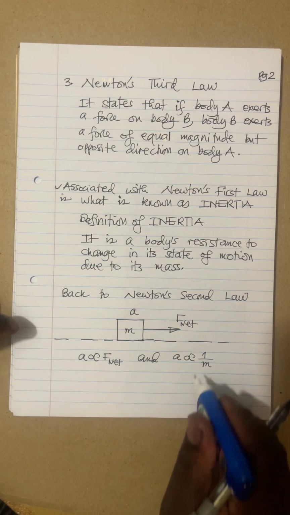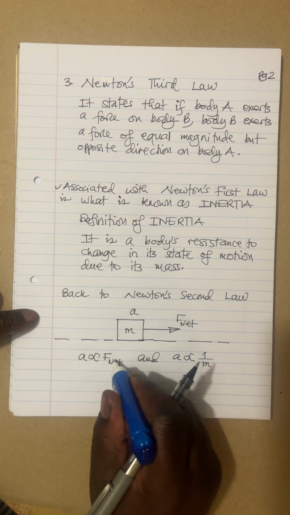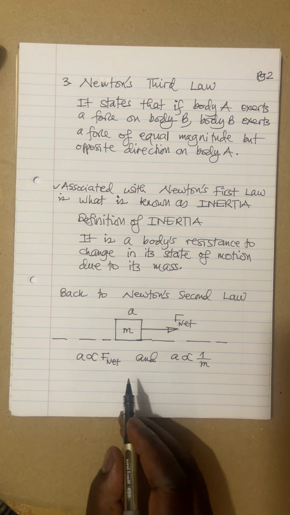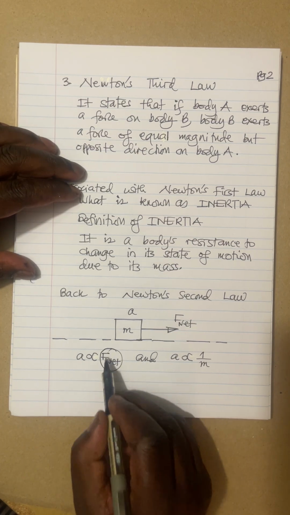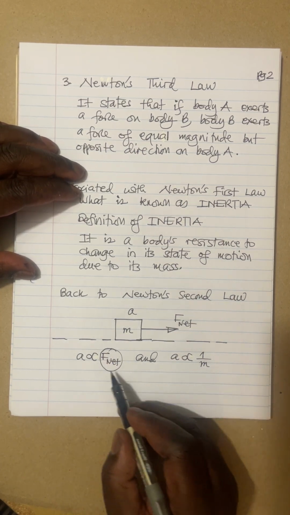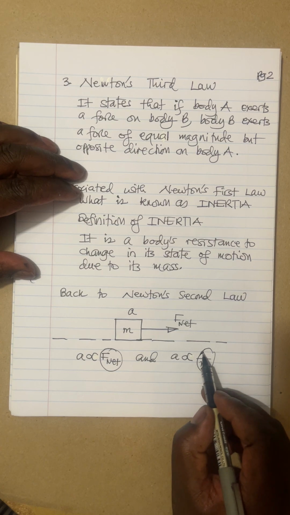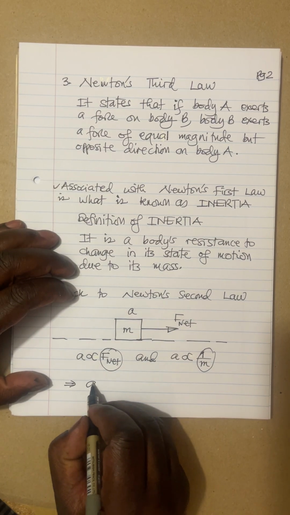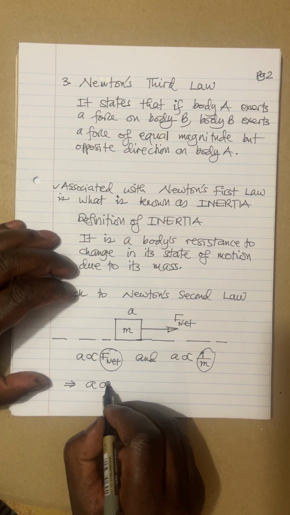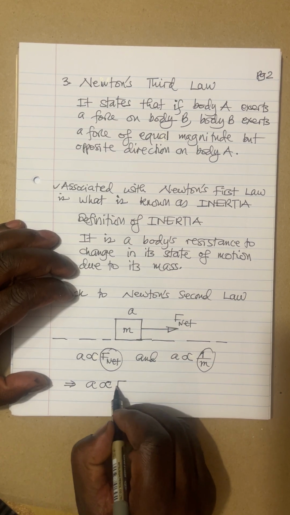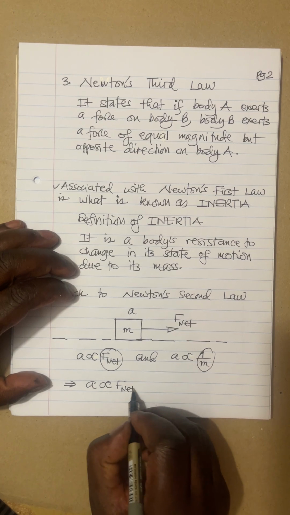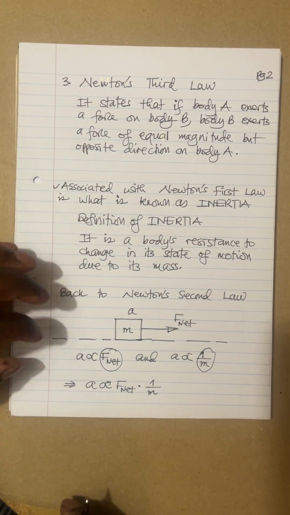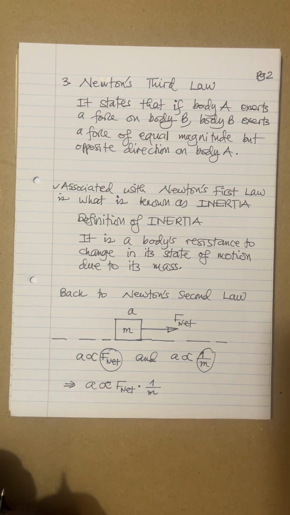Now, the way that we combine these two mathematical relationships is by multiplying the right side, that is, net force multiplied by the reciprocal of mass. So we can combine these two as follows. We say acceleration is directly proportional to net force and inversely proportional to mass, written like this. Notice that I'm multiplying the two.